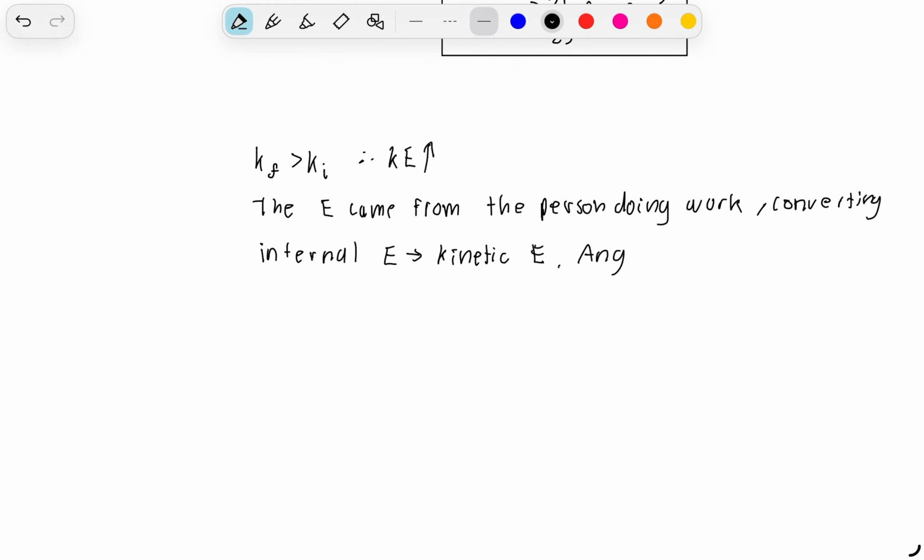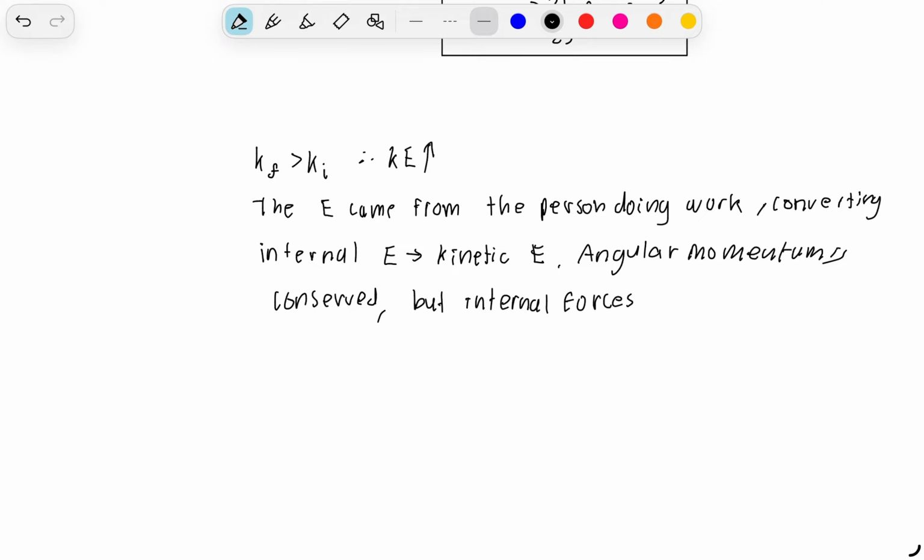So our angular momentum is conserved, but internal forces can add energy into the system.